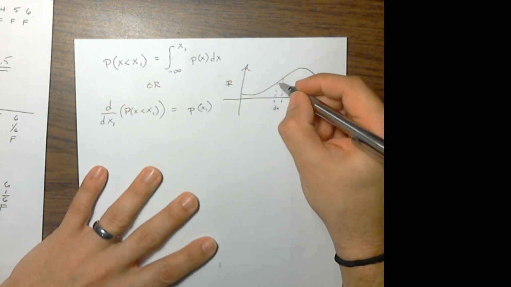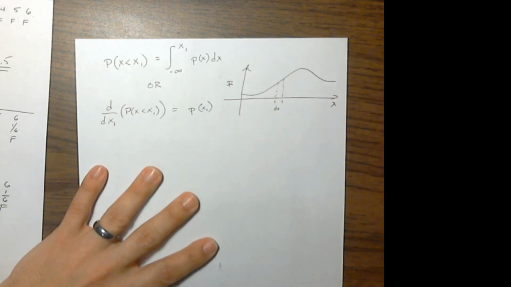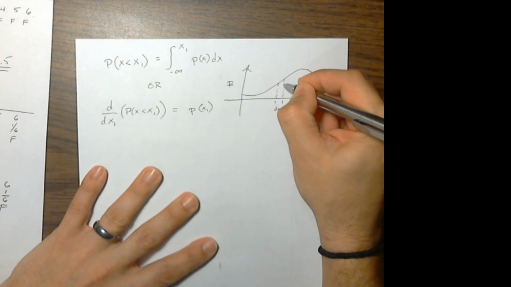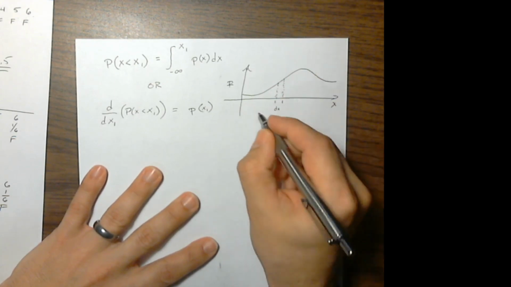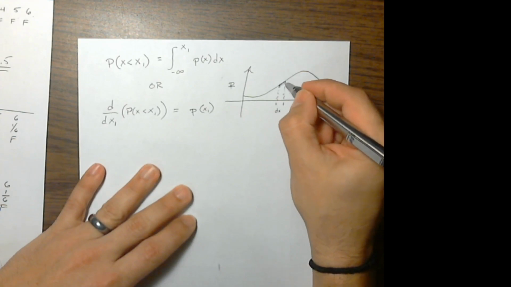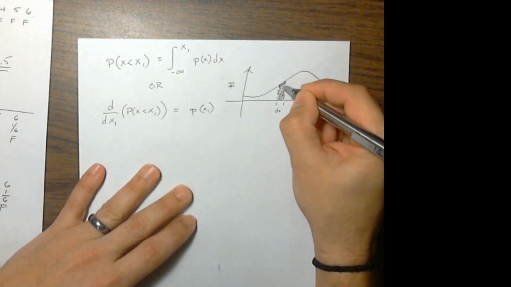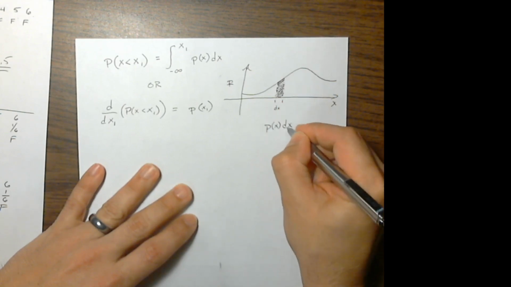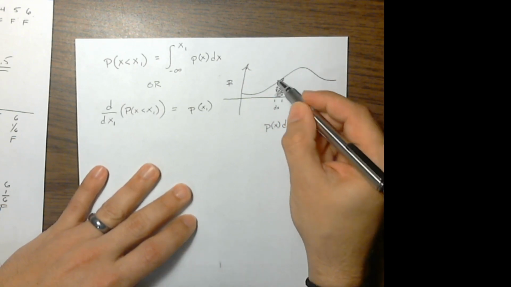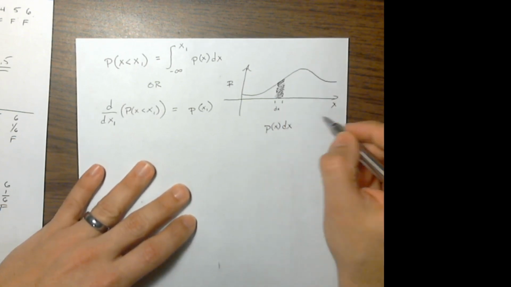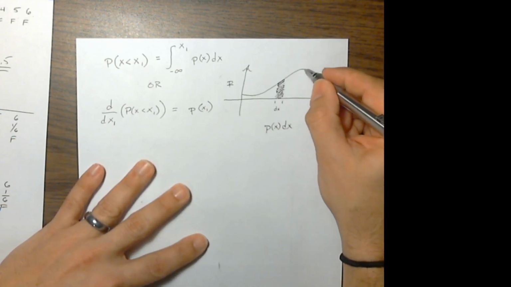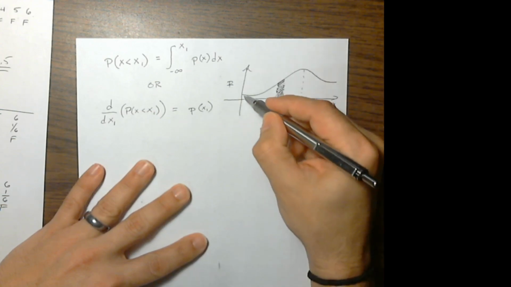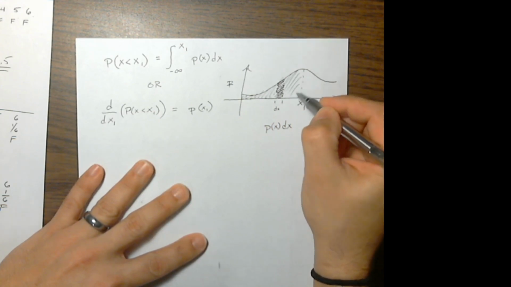So as long as dx is very small, the probability that I'm in this region right here is p of x times dx, times that width. It's the area under the curve. It's summing up all the little area in there. Now, if I wanted to expand this to include a larger region, like everywhere left of x1, that would need to be the area all under this region here.